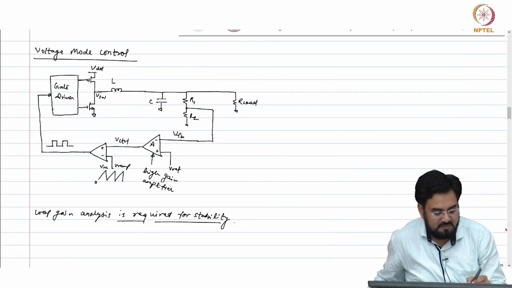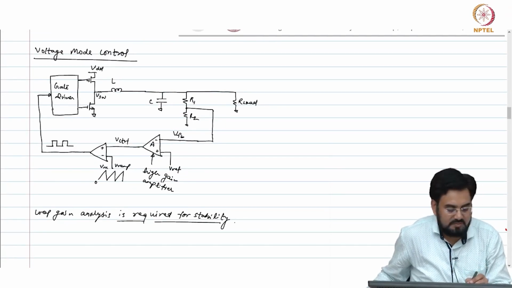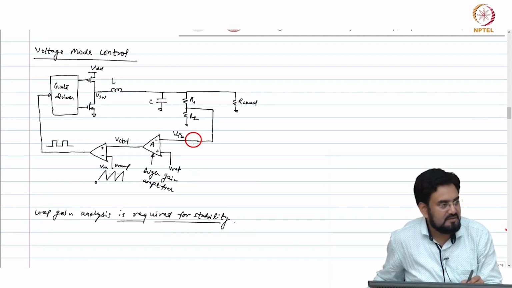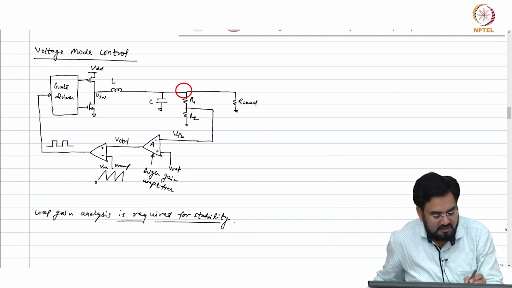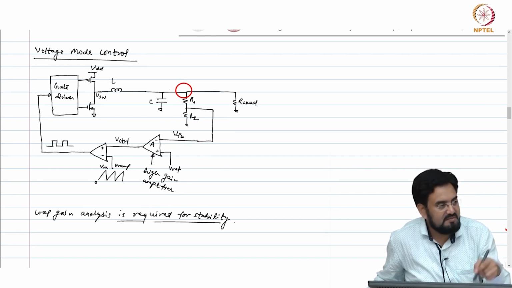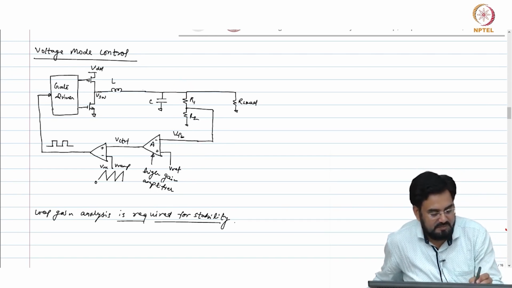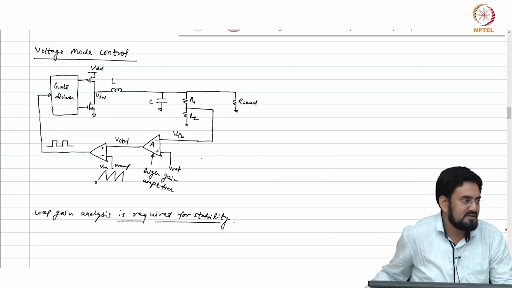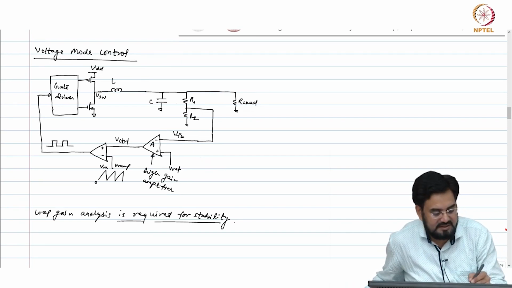We usually prefer to break the loop at a high impedance input, where the input is going at the high impedance. So, you can break here. You can break here also, as long as you make sure that your capacitor remains on the other side. I mean, if you break here, the capacitor will come at the input and you will not get any LC resonance. So, you cannot break this LC actually.